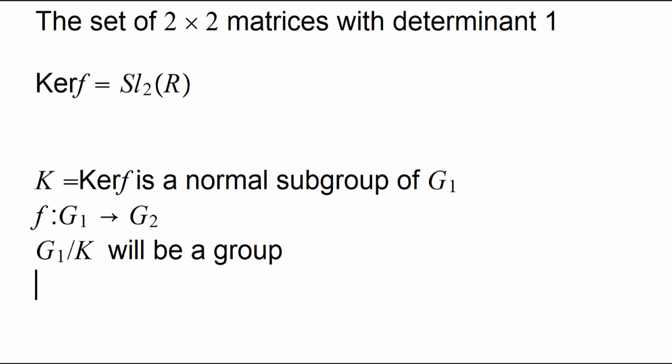Okay. So let's see if we can connect G1, G2, and G by K. So let's go to a drawing board where I can write by hand. What we have here is a homomorphism from G1 to G2.